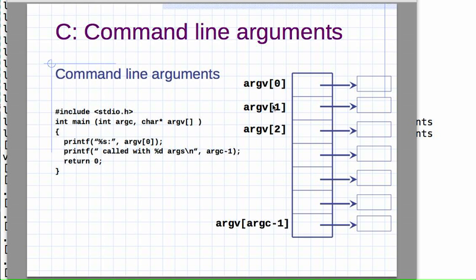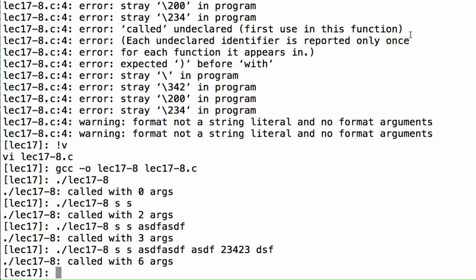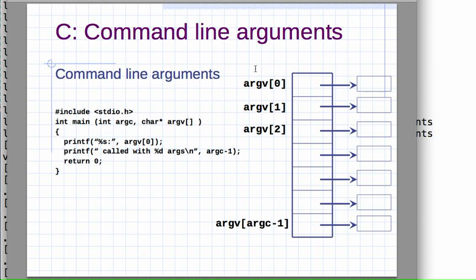Okay, so let's say you run this with just one command line argument. Like here, you just run the program with no arguments. In that case, argc will be 1, and remember that argv goes from 0 to argc minus 1. Argc is 1, so it's an array of exactly one element.